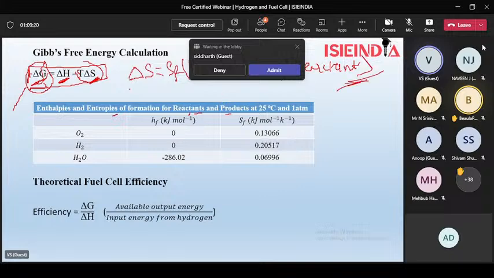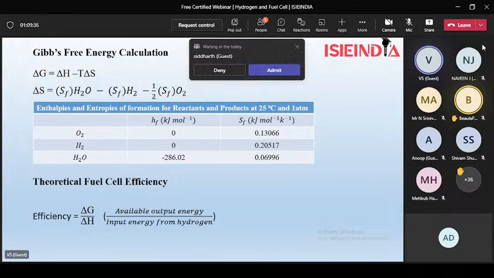So now from the previous equation, which was H2 plus O2 equals H2O, water, from this reaction we will be calculating the value of entropy. So here we can write the entropy change as the entropy of product minus the entropy of reactant.